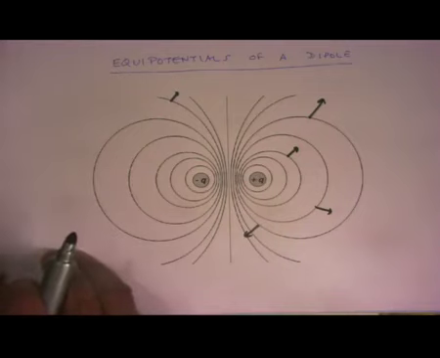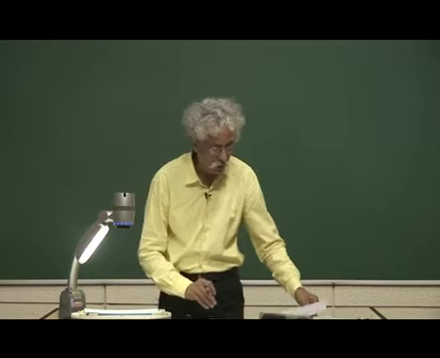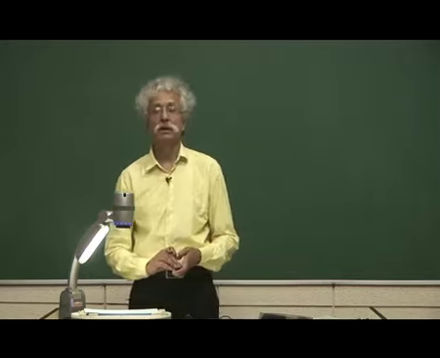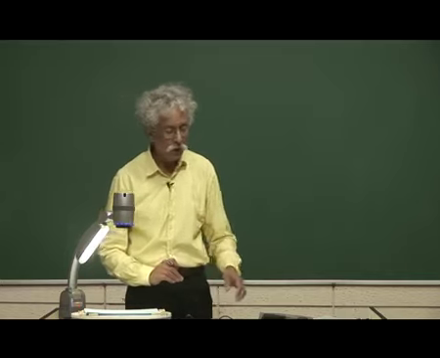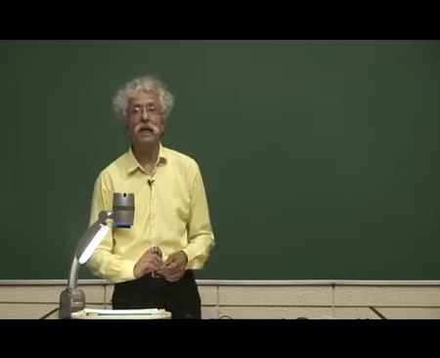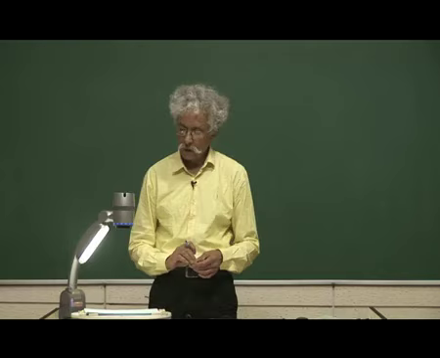So, you can plot equipotential surfaces for different charge distributions by calculating the potential, and you can verify that the electric field is at every point perpendicular to the equipotential surface.